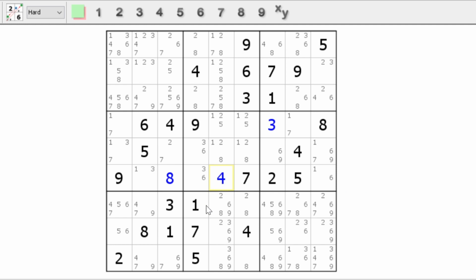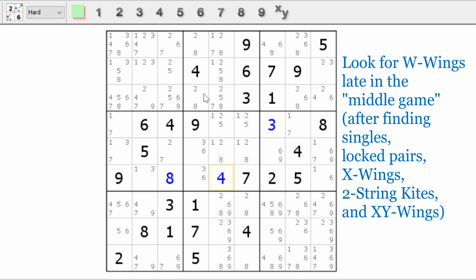Okay, I don't really plan to talk too much about the solving here. One of the points I want to get across is that a W-wing is not something you're going to solve early in the puzzle. It's going to be pretty far down the path. That's because you have to have quite a few pairs of bi-value cells to choose from before you'll have any that will qualify as a W-wing. 369.